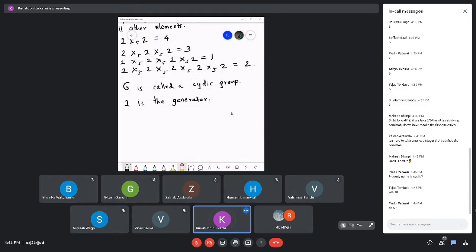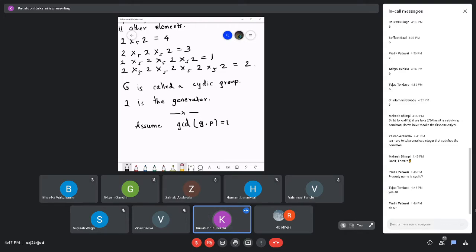Next, see this fact now. Let P be a prime. Assume that GCD of G and P is 1.